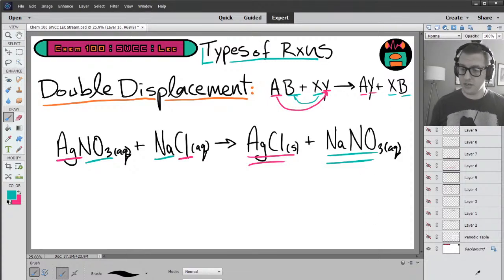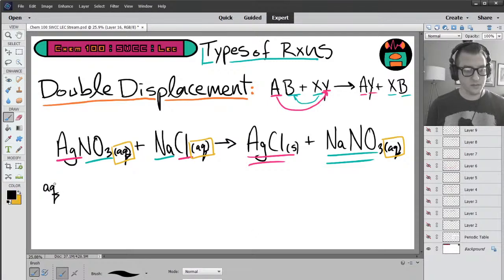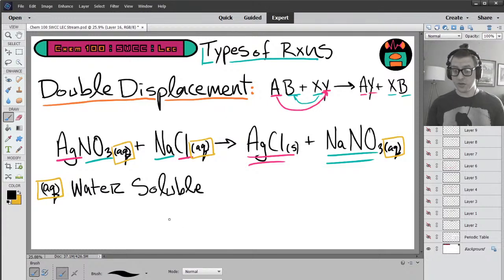In a reaction like this one, let's start with the aqueous phase. You'll notice that AQ is the phase for 3 out of these 4 compounds. When you have something in the aqueous phase, this means that compound is water soluble.